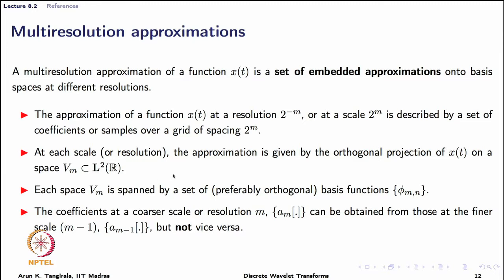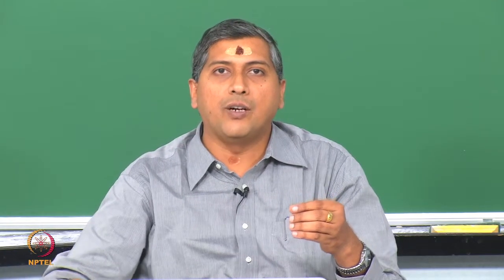So, to construct MRAs, I take the basis functions which are the scaling functions at scale level m and compute the orthogonal projection of x of t over the scaling functions at that scale, alright.